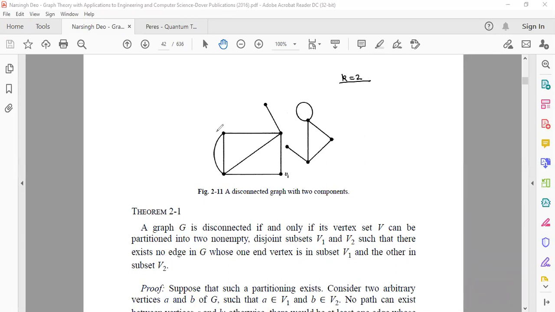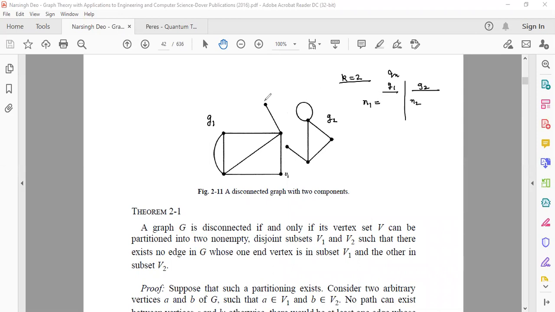In the first component, G1, there are a few vertices, and in the component G2, there are a few vertices. How many vertices are there? Let us find out. In G1 and in G2, let us denote the number of vertices by n1 and n2.